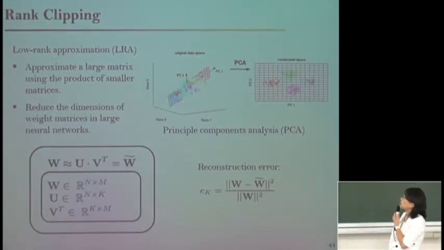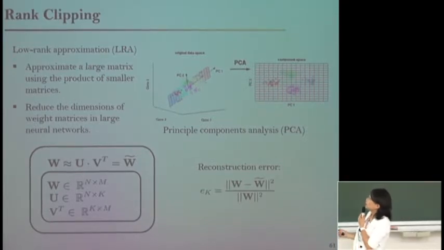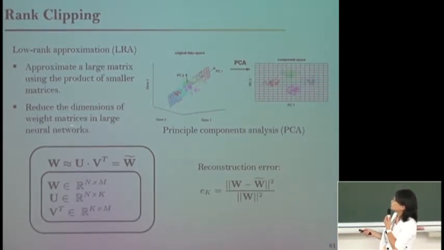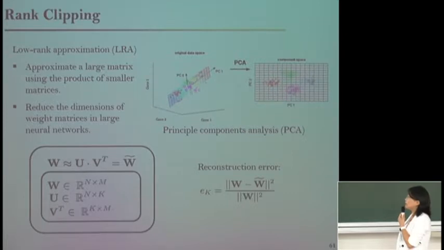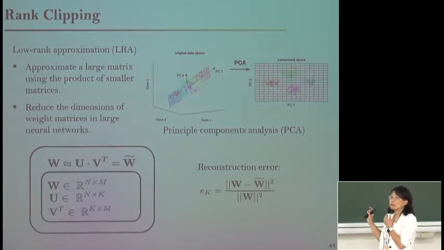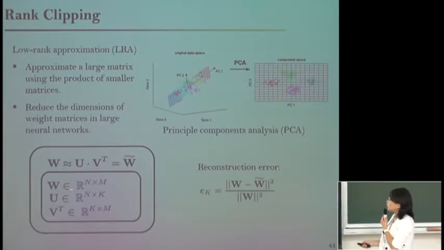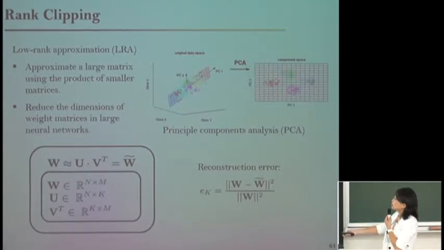So it becomes simpler. When we reduce the dimension of a large weight matrix, it can be approximated by two lower rank matrices. For instance, W originally is in the dimension of n times m, where both n and m are pretty large. We can represent it by U and V transpose, where U is n times k, and V is k times m.